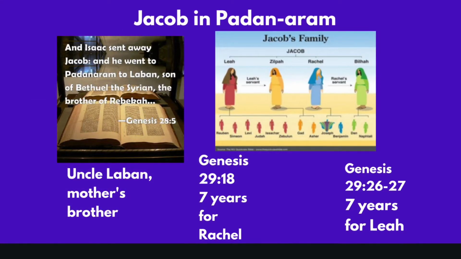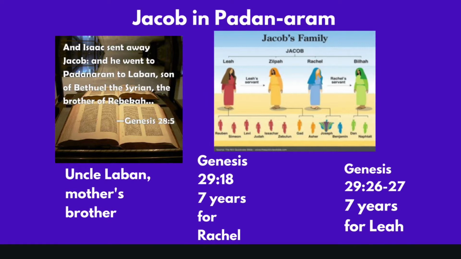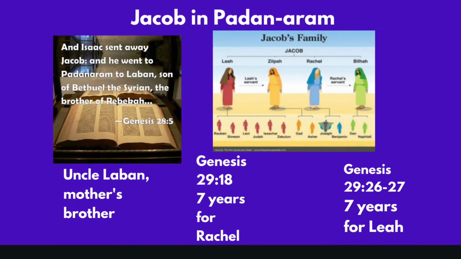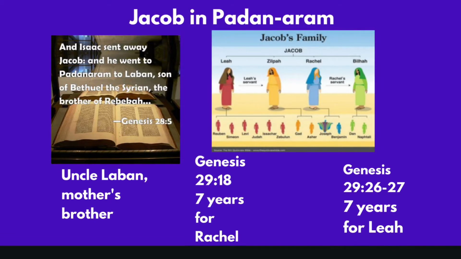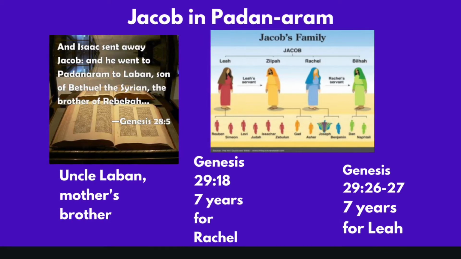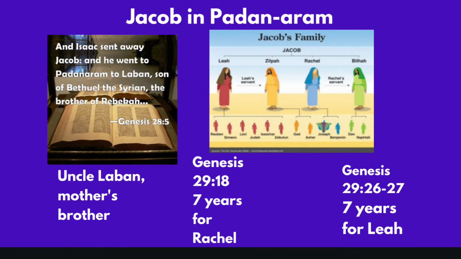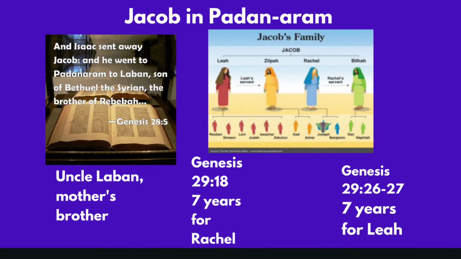Because Esau threatened to kill Jacob, Jacob fled to the house of his uncle Laban, his mother's brother. Genesis 28:5 states, "Isaac sent away Jacob, and he went to Padan Aram to Laban, son of Bethuel, the Syrian, the brother of Rebekah."